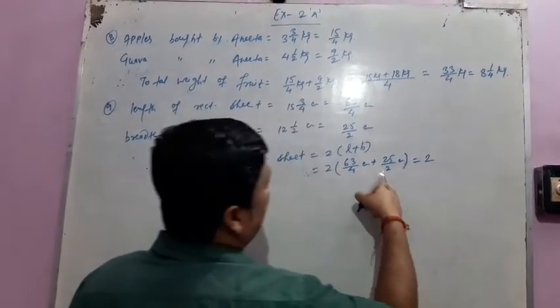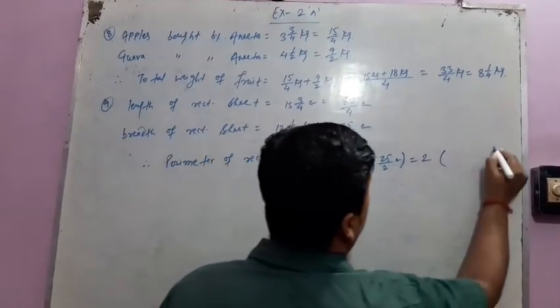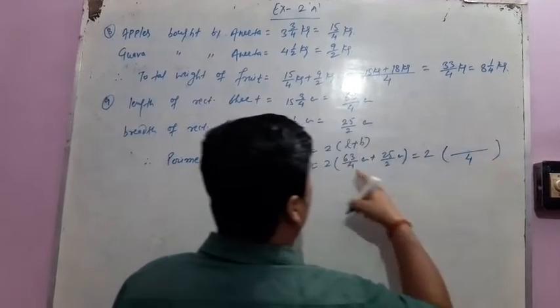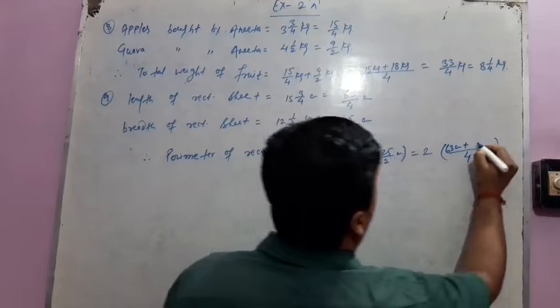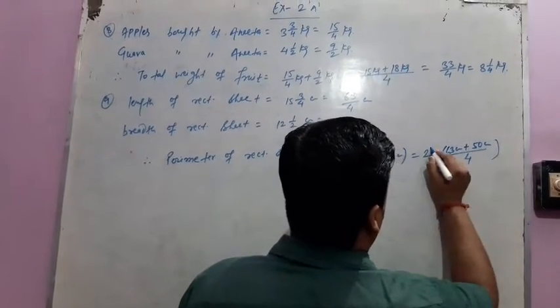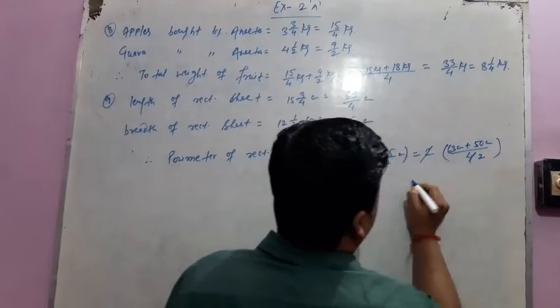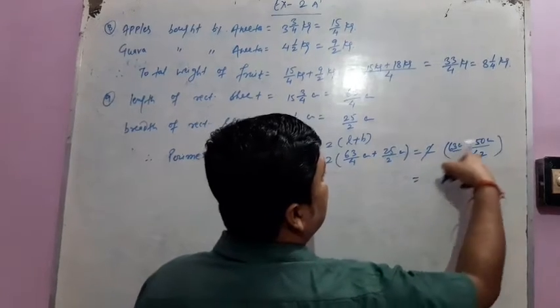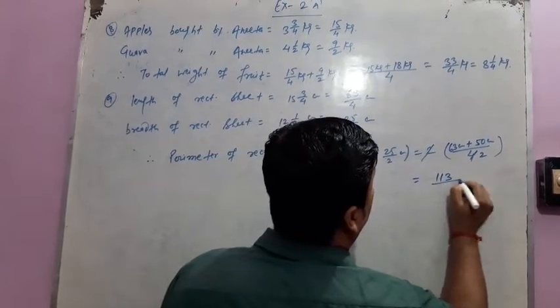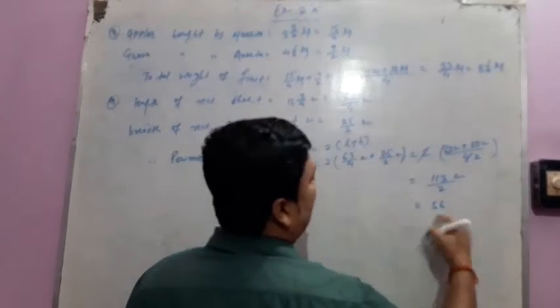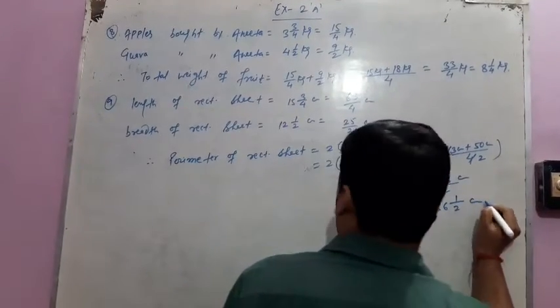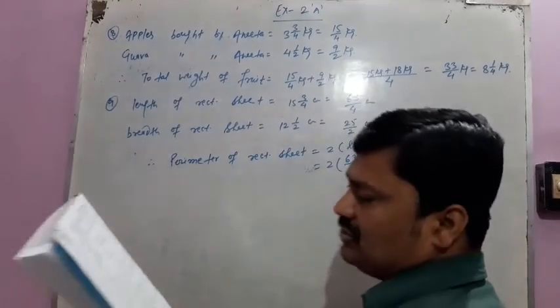So we will take the LCM here. The LCM of 4 and 2 is 4. 4 ones are 4, 63, and 2 twos are 4, 25 twos are 50. Now we will reduce the terms here. 2 twos are 4, 63 and 50, 113 by 2 centimeter. Now we have to convert in a mixed fraction, 56 whole 1 by 2 centimeter. Now moving on, next question, question number 10.